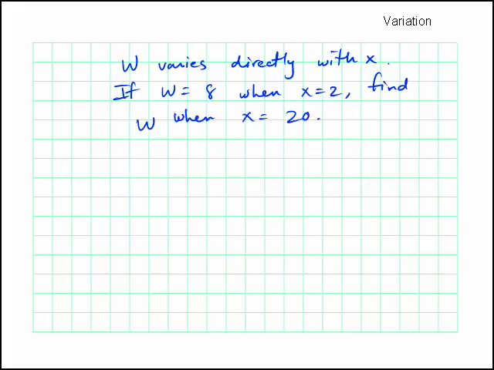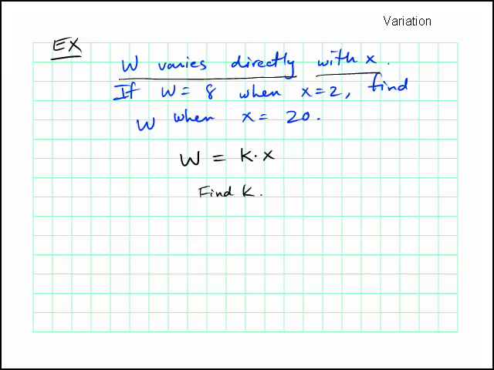Okay. We need an equation to write down here. W varies directly with X. So instead of a Y, I have a W here. Remember, that means K times X. Now, you can't really answer the question until you figure out what K is. So the next thing I've got to do is find K, the variation constant.